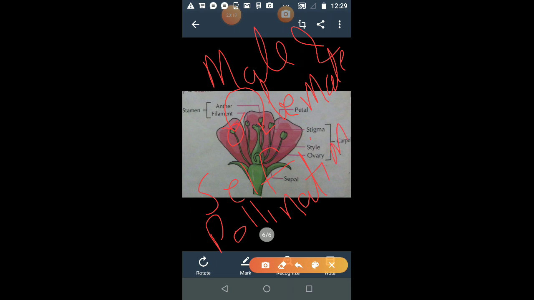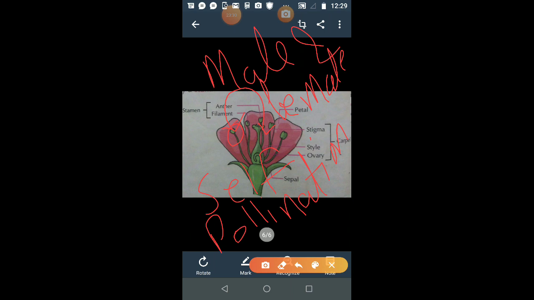I think it is very clear to all of you. You also draw a diagram. See, in the same flower, male part is there, female part is there. Inside the anther, pollen grains are present, and these pollen grains enter the stigma of the same flower.